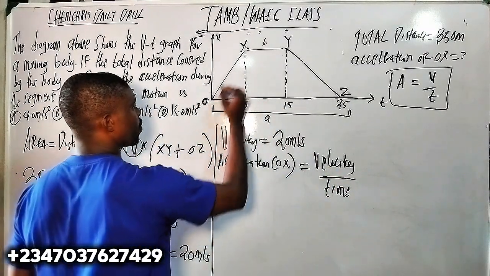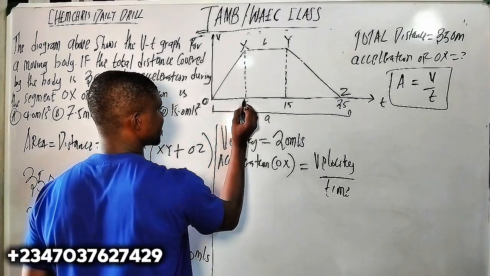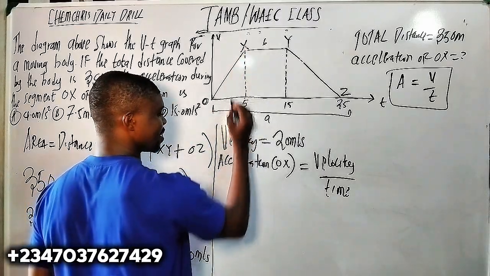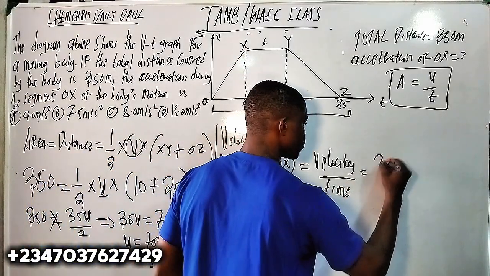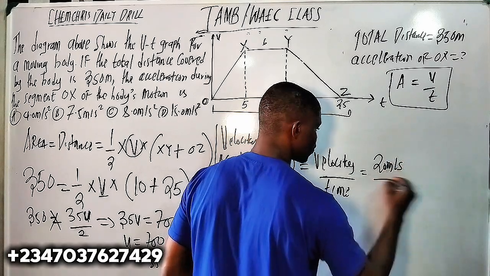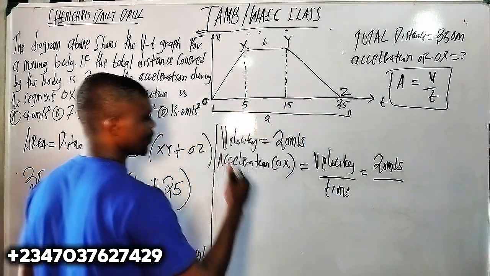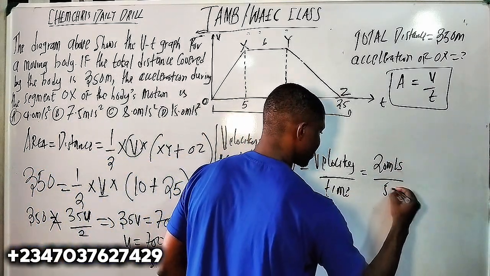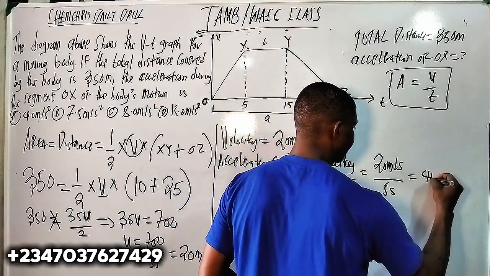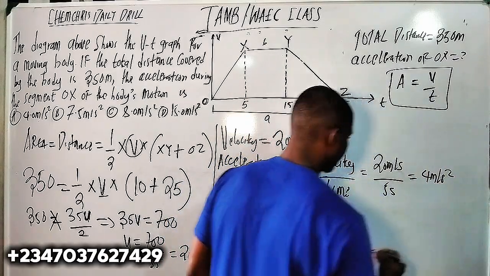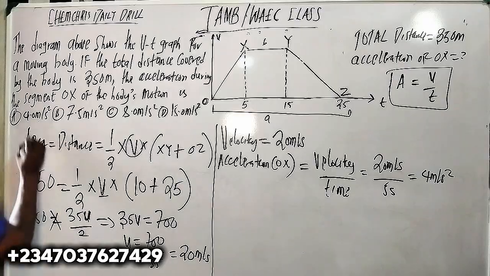Because I'm talking about from O to here, the time is 5 and the velocity is 20. So it's going to be 20 meter per second over my time, which is 5 seconds. So what will be the answer? 4 meter per second squared. Right? So the answer is A.